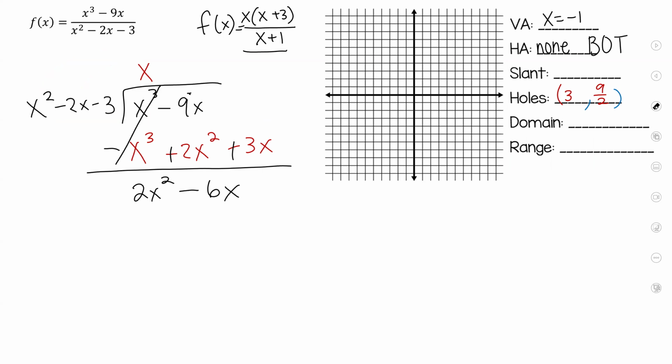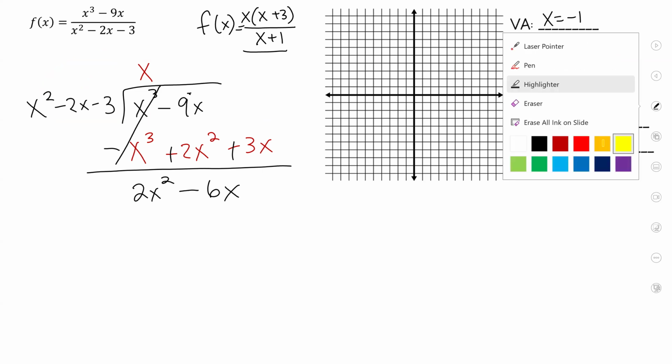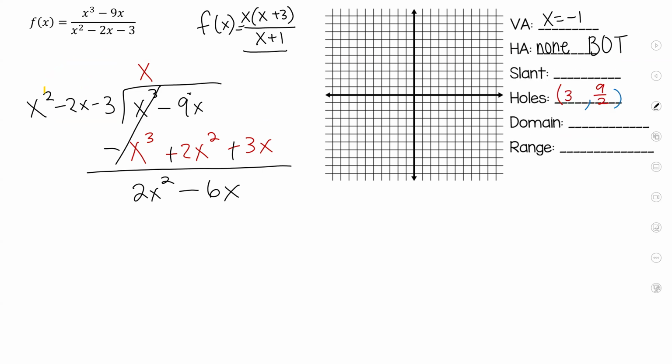Let me highlight it for you. X squared times what will give you 2x squared? 2. So I'll put a 2 on the top, plus 2. And then we're going to multiply again. X squared times 2 is 2x squared.